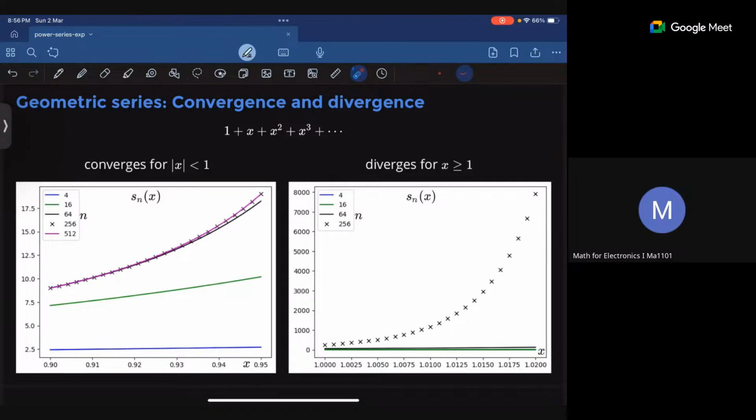And for every x which is less than 1, you can see it will follow some nice curve, which will be equal to 1 by 1 minus x. You observe this 1 by 1 minus x is a nice function. The left hand side is a power series, but the right hand side is a function expression, 1 by 1 minus x. And if you plot 1 by 1 minus x, it will look something like this.